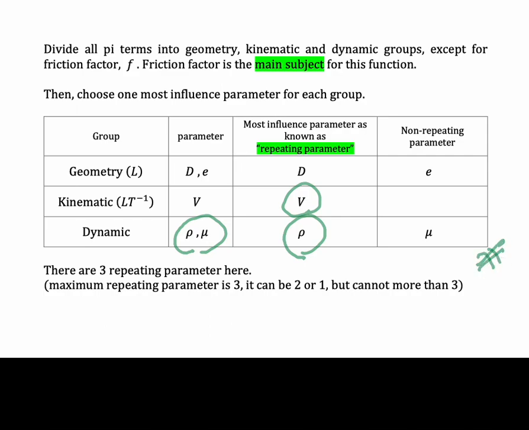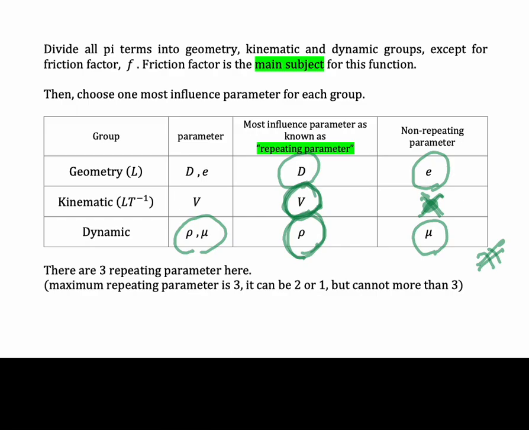If d here is the repeating parameter, then e is the non-repeating parameter. For v, we have no choice, so v becomes the repeating parameter, and there is no non-repeating parameter. It is okay to have no non-repeating parameter here. Then rho becomes repeating and mu becomes the non-repeating parameter.